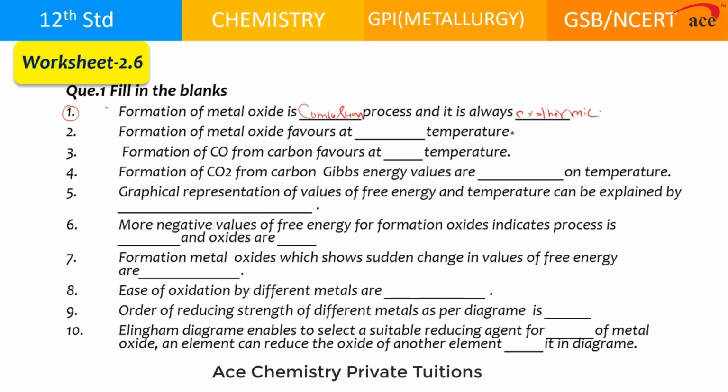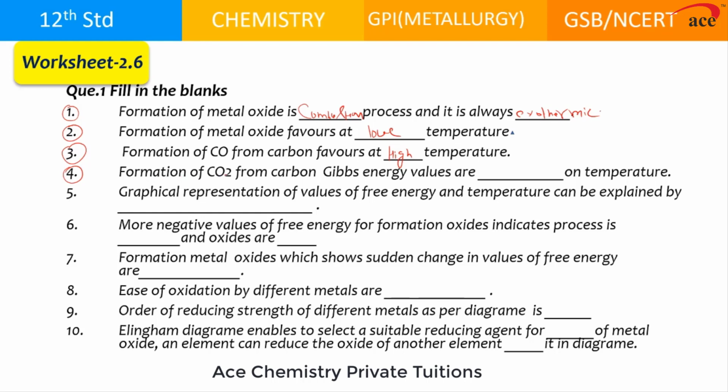Exothermic. Second, formation of metal oxide is favored at dash temperature. It is at low temperature. Third, formation of carbon monoxide from carbon is favored at dash temperature. It is favored at what? Higher temperature.